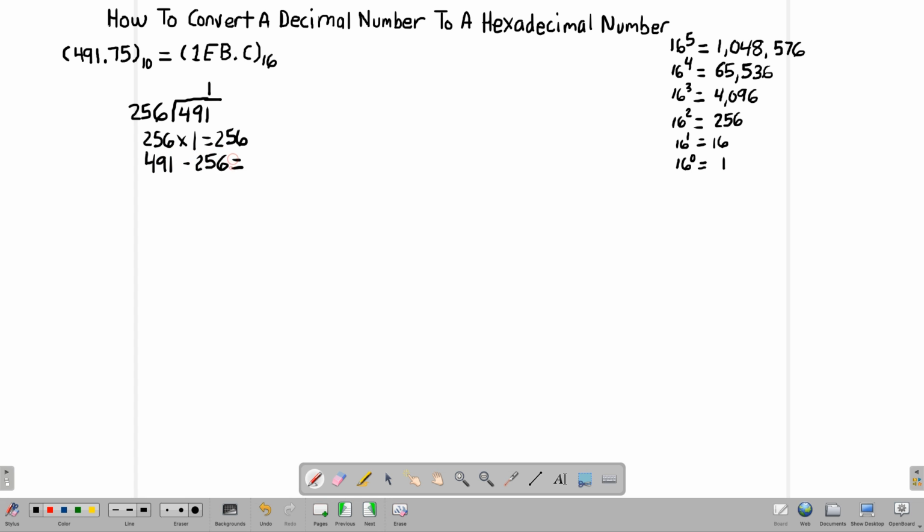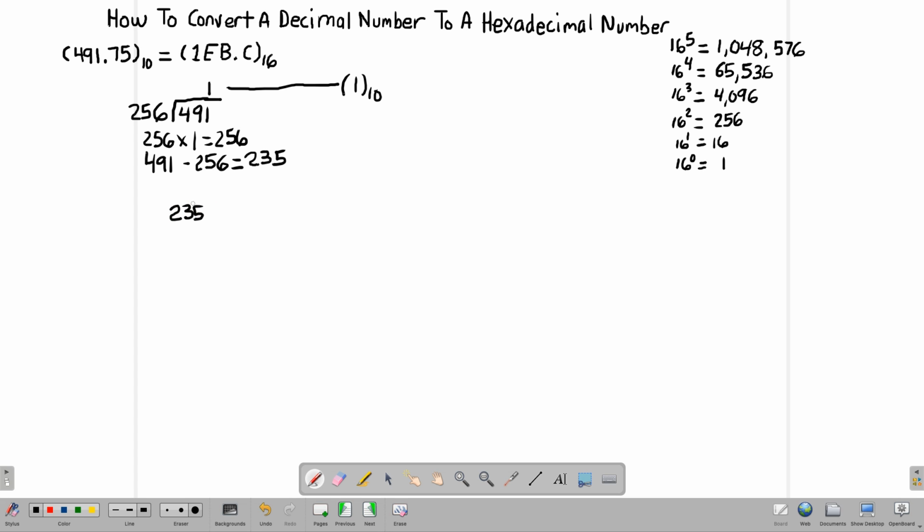And this will produce a difference of 235. Alright, so let's go ahead and indicate this as we did previously. We just want to show that the 1 in this case is still in decimal form. Alright, so we have our next difference, which is 235.